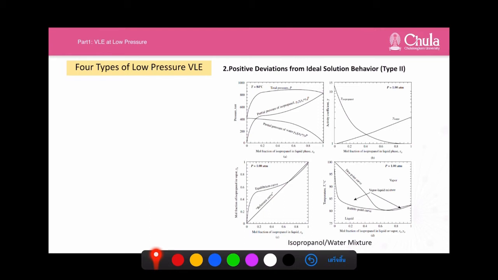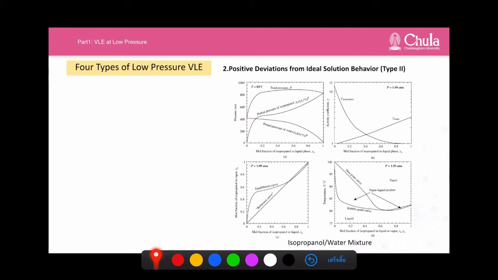And it's true. If you look at this graph, where we plot the relationship between mole fraction of isopropanol and pressure, you see that for the whole range, the total pressure is greater than the vapor pressure of the pure component.